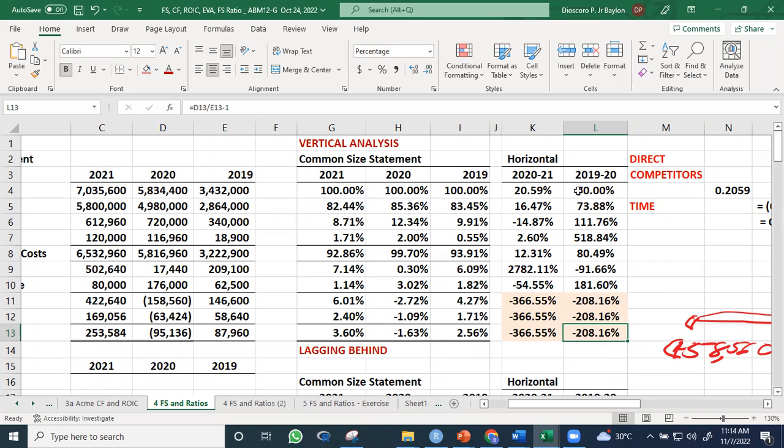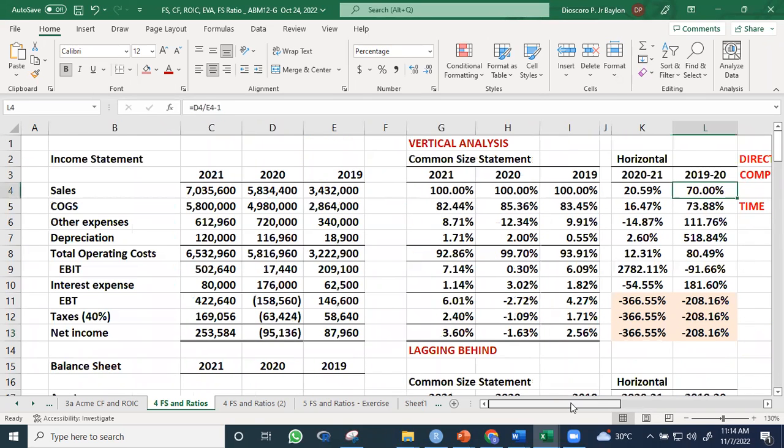Okay, because although sales grew by 70% in the 2019 to 2020 period, cost of goods sold increased by 73.88%. So mas malaki pa yung rate of increase ng cost of goods sold, okay, or cost of sales kaysa dun sa increase ng revenues. And other expenses also, no? Laki ng tinaas, 111%. Okay, it more than doubled.